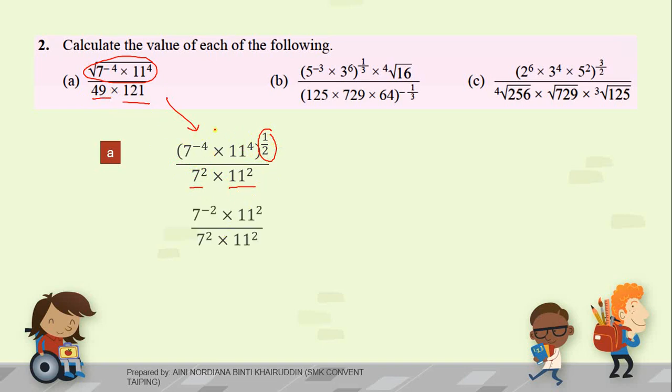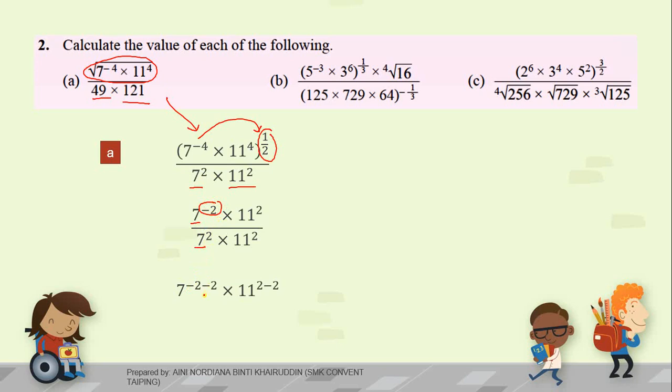Then solve the bracket first. So you take out 7 to the power of 4 times 1 over 2. Then you get negative 2 times 11 to the power of 4 times 1 over 2 is 2. Then solve this since this is the same base.